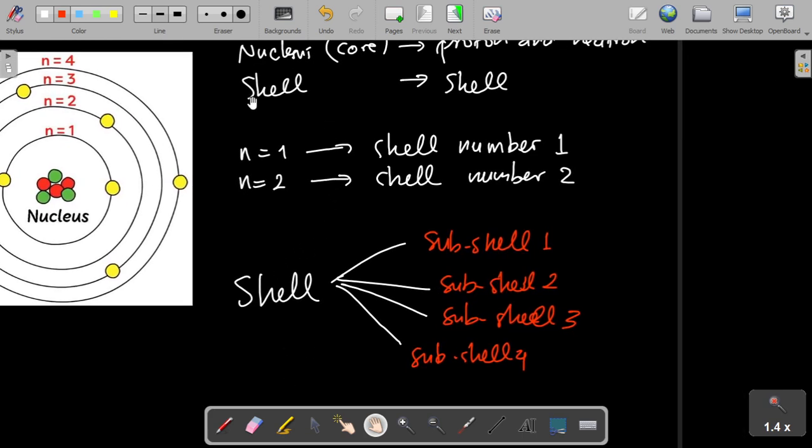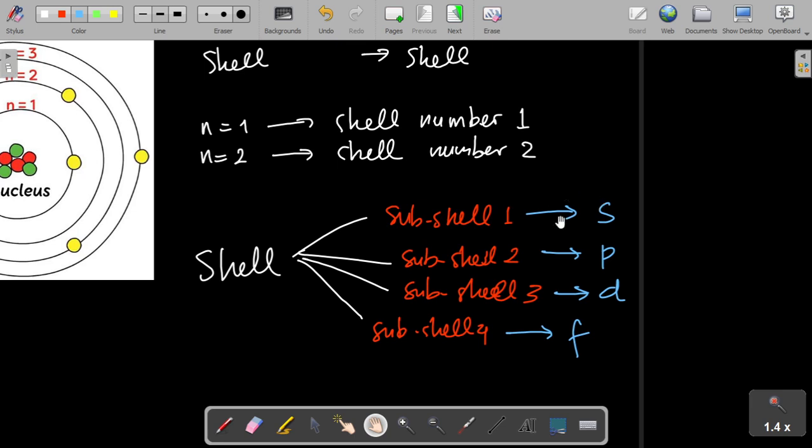Every subshell has its own denotation. Subshell number 1 is called s, the second is the p subshell, the third is the d subshell, and the last one is f.